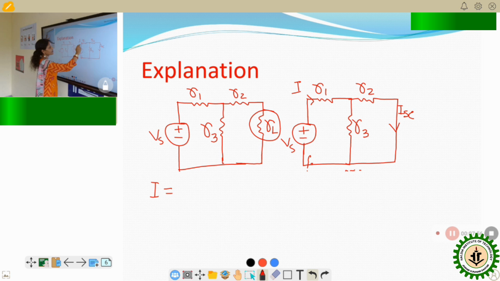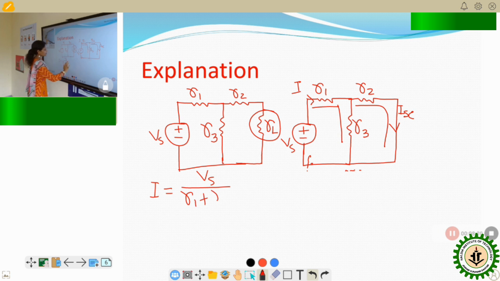If we consider the current flowing through R1, and that current flowing through R3 and again R2, then from this current direction we can understand that R2 and R3 are connected in parallel and that parallel combination is in series with R1. So I equals Vs upon R1 plus R2 R3 by R2 plus R3. This is the total current.